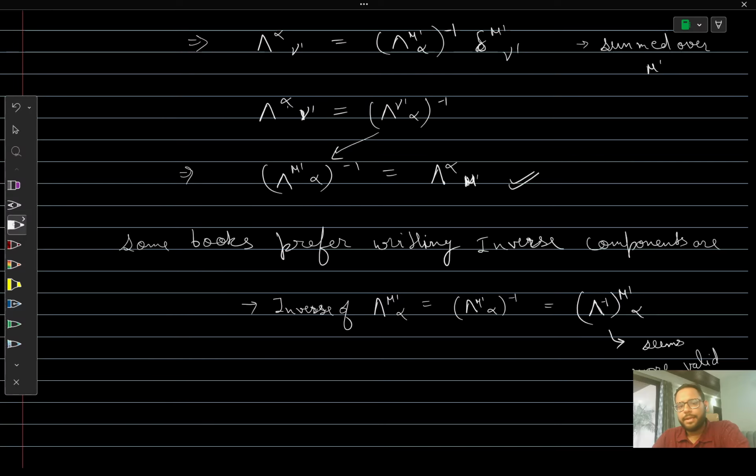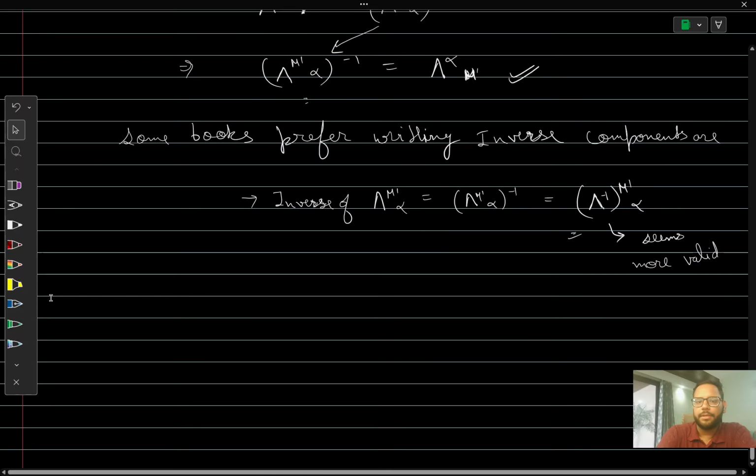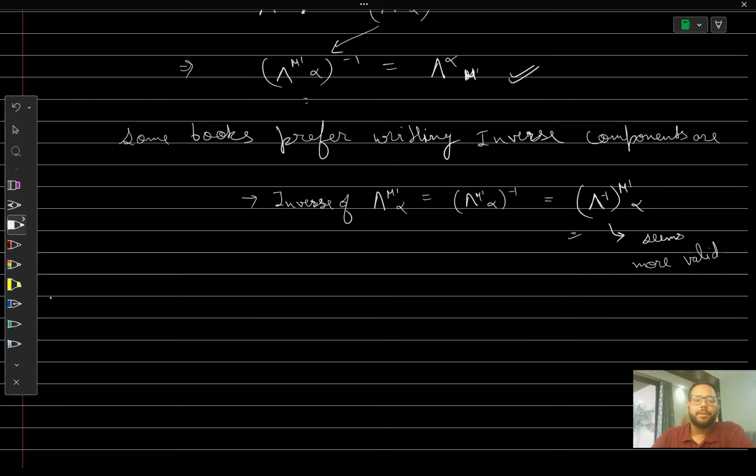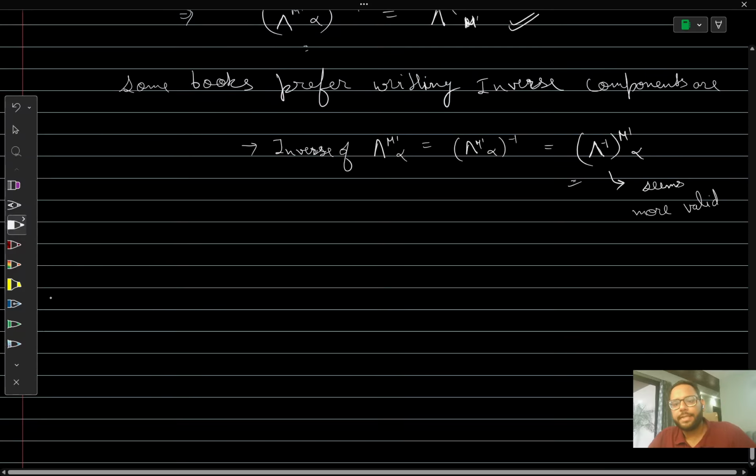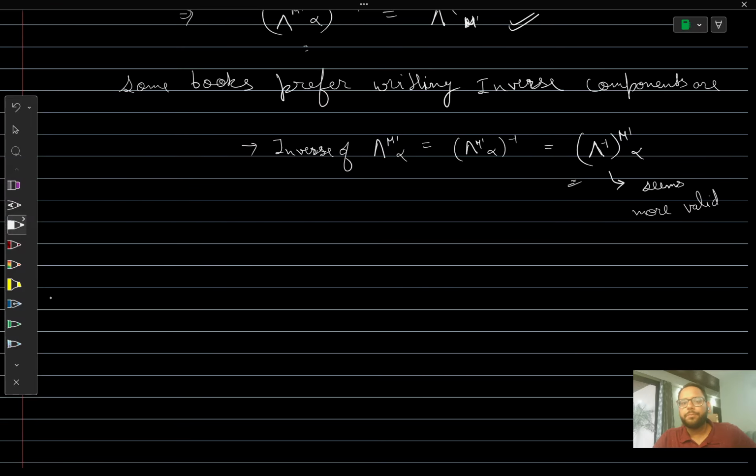You can take this also, but it doesn't seem good to write this, because the indices are inside it and then you are taking the inverse. But in this case, the indices are outside, and you can just match the indices at LHS and RHS to check your rules of Einstein conventions. So this seems more valid, and people prefer to write the inverse like this.